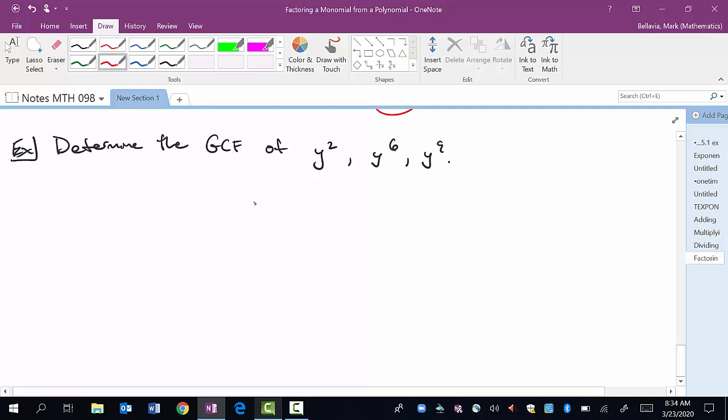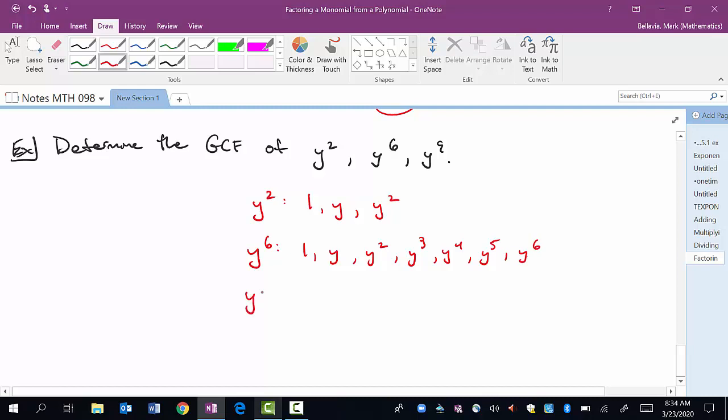So if I was listing the factors of y to the 2nd power, well, the factors are 1, y, and y to the 2nd. For y to the 6th power, the factors would be 1, y, y to the 2nd, y to the 3rd, y to the 4th, y to the 5th, y to the 6th.